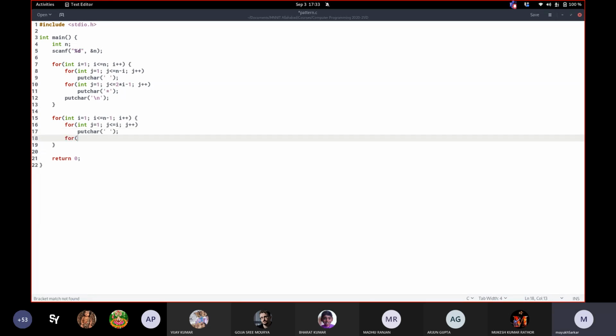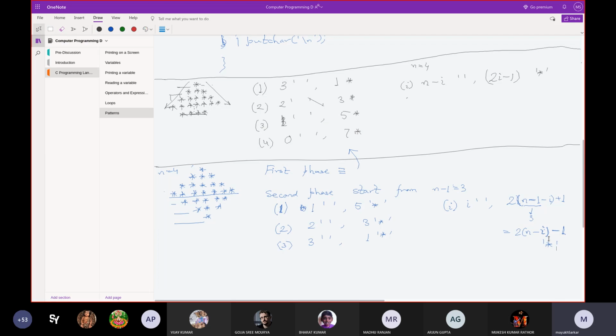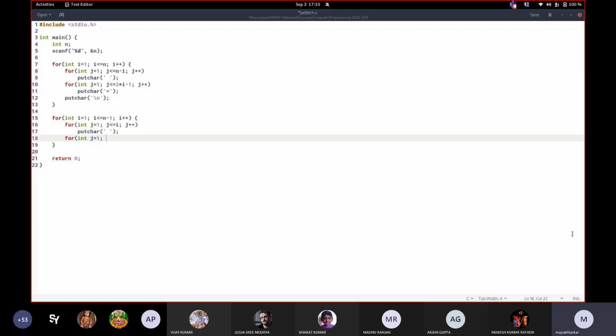Followed by 2 into n minus i minus 1, this many number of stars.